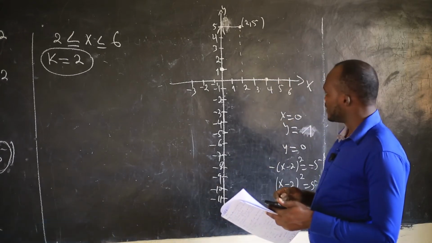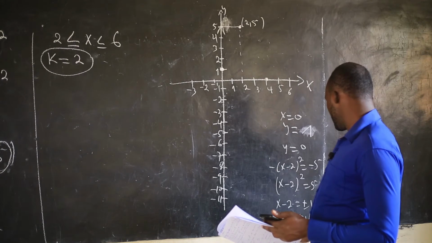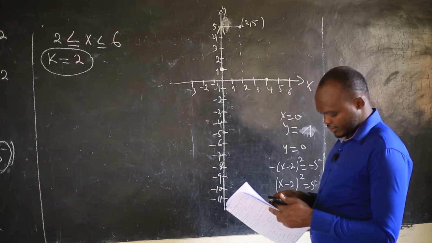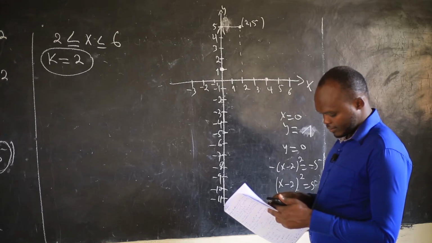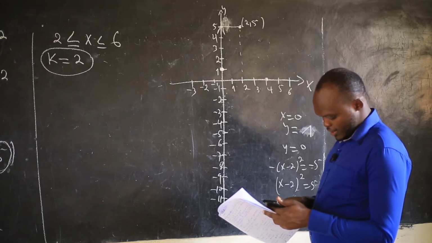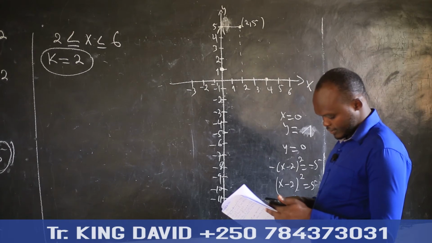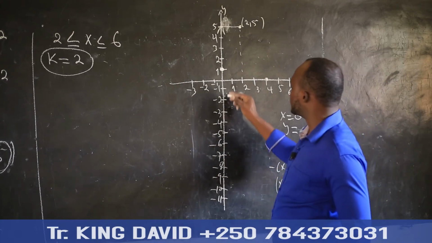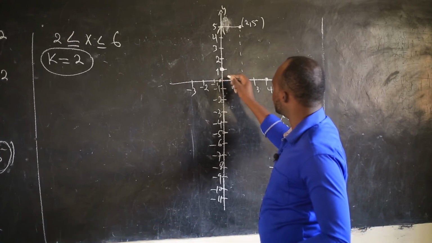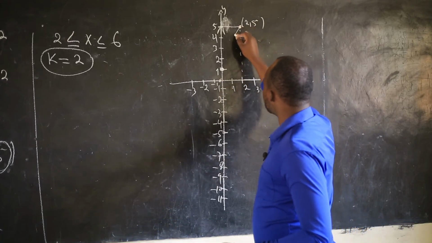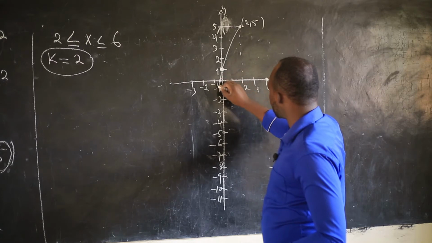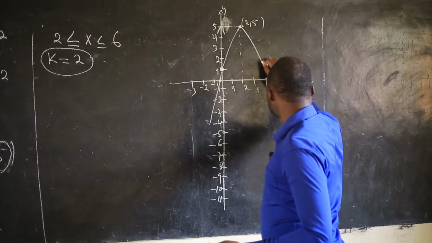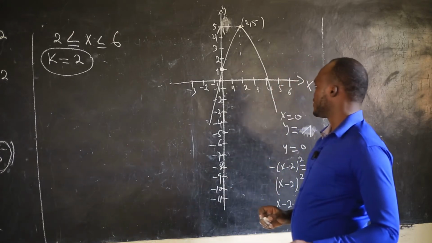Then another point, we have 2 minus root 5, which is negative 0.2, like here. You see our curve will be like this, passes through here, goes down and comes down here. So this is our curve.